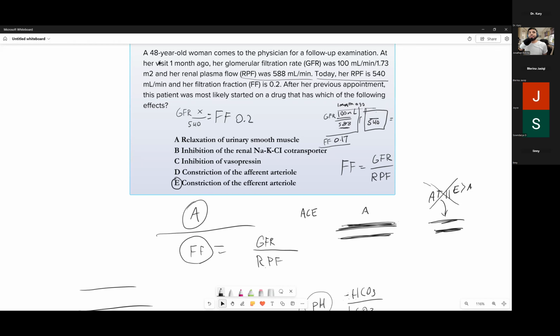Sacubitril, that seems like a very good option. That seems like a very good option, but this is the problem. Well, sacubitril does cause dilation of the afferent and constriction of the efferent, right? And it doesn't do it itself, of course. It's inhibiting neprilysin, and neprilysin is a proteolytic system that breaks down ANP and BNP. So ANP and BNP, when they're high, tend to dilate the afferent and constrict the efferent.